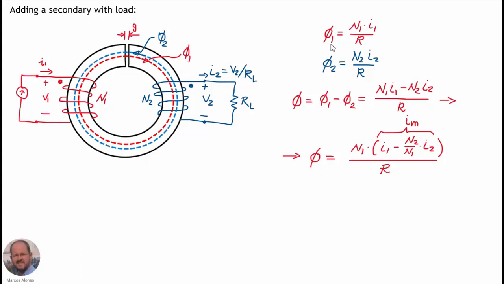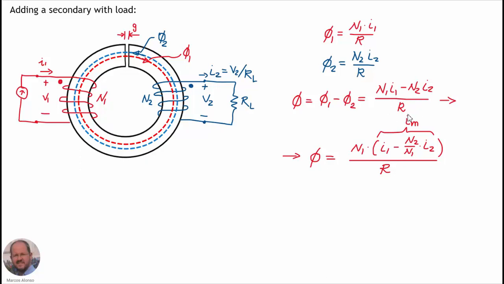We can calculate phi1, as we have seen, with the magnetomotive force divided by the reluctance, and we can also calculate phi2 with the same thing, the magnetomotive force divided by the reluctance. Now, the total flux that we are going to have in the core is the difference between phi1 and phi2. So it's phi1 minus phi2. So we have this expression here, the difference between both magnetomotive forces divided by the reluctance.